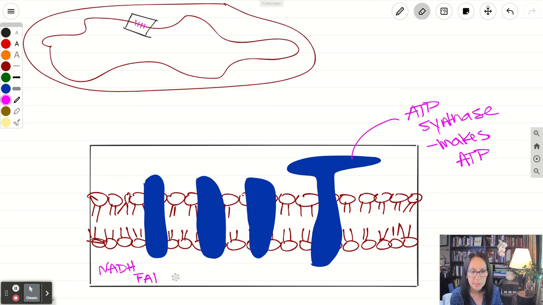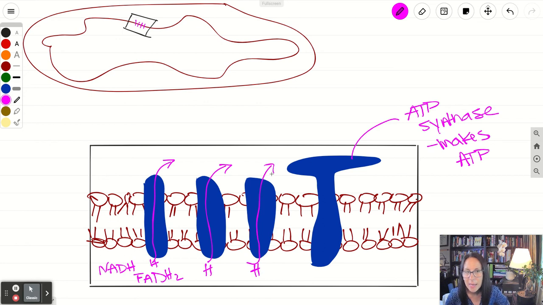Okay, actually, that's misspelled here. Sorry. This is supposed to be FADH2. These proton pumps are going to take hydrogens off of the NADH and FADH2 and pump them through to this side of the mitochondria. Okay, so it's going to take those hydrogens off of the NADH and FADH2 and pump them into here.